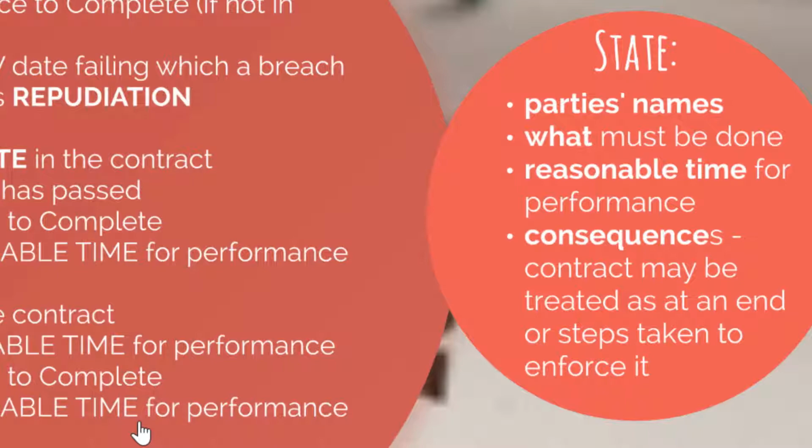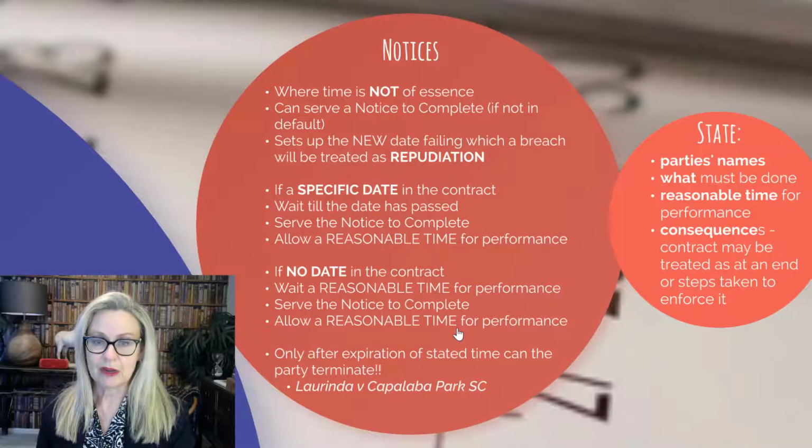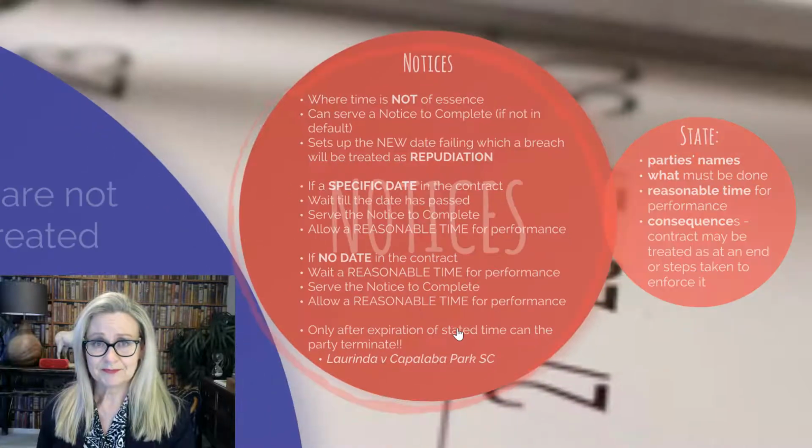So say either the contract will be treated as at an end or steps will be taken to enforce it. So the other party has to know that you're really super serious about this, and that's the kind of thing that will then set them up for a repudiation if they still go ahead and fail to perform once you've actually asked them to. So that is the issue of notices to complete.